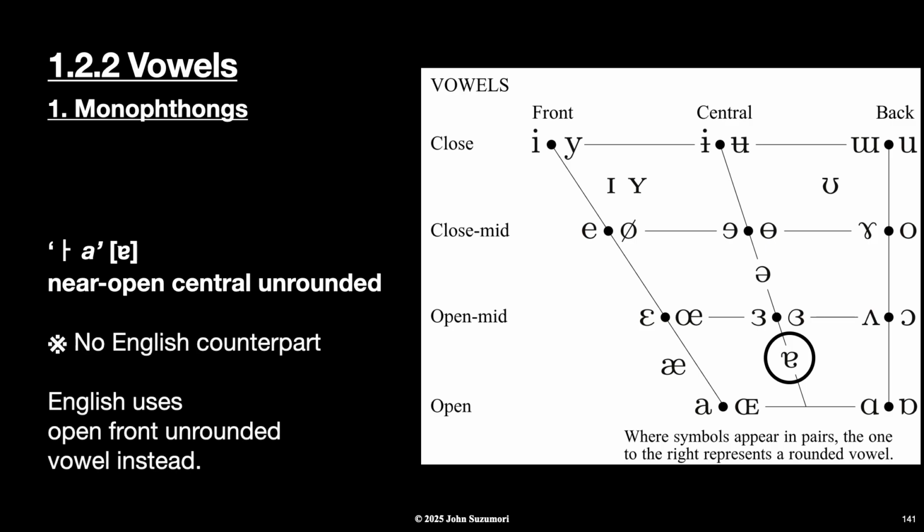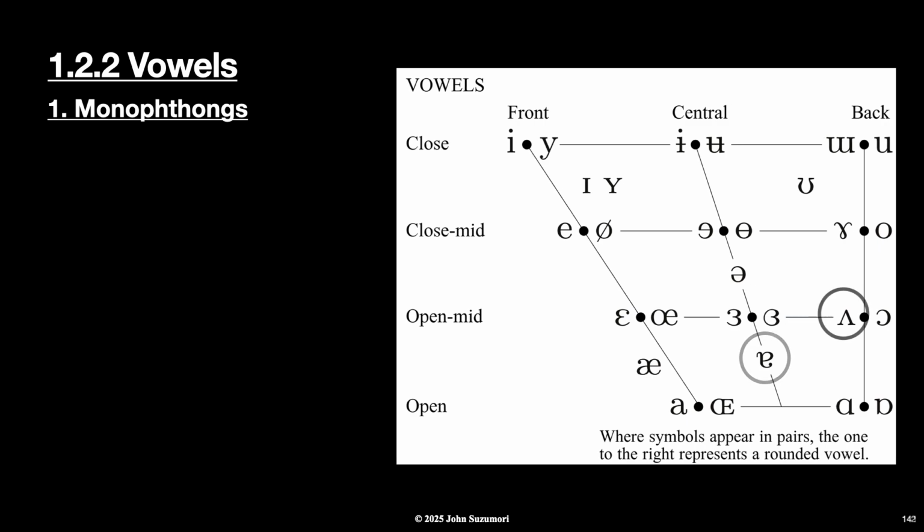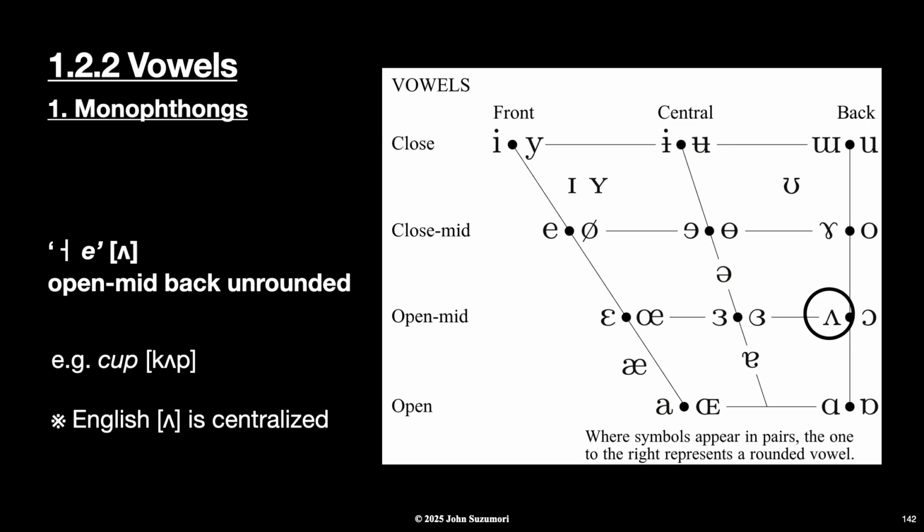Note that English uses the open front unrounded vowel, not this one. ㅓ is an open-mid back unrounded vowel. Note that the English open-mid back unrounded vowel is centralized, as in the English word cup.